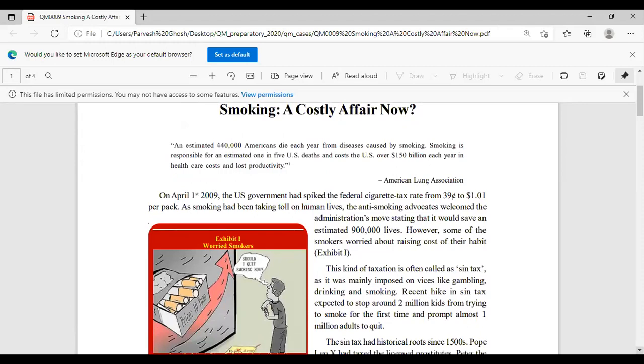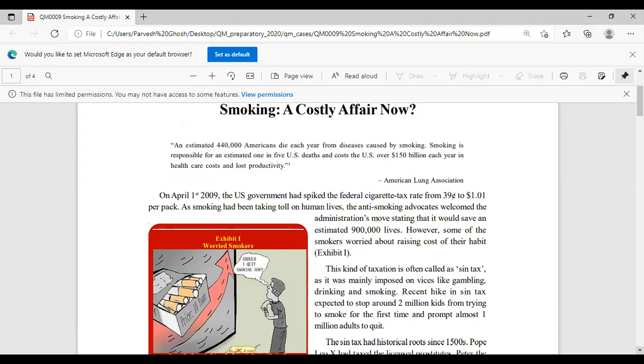Now, this is a case about smoking. Smoking is a bad habit, and it poses different problems to human lives.